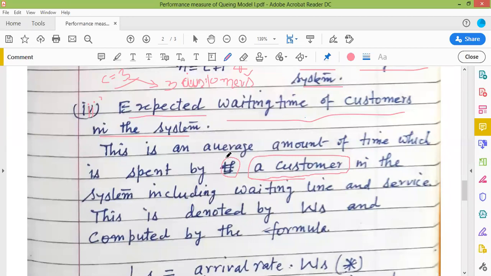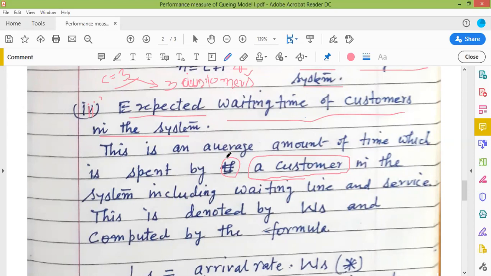Whenever we compute the average, the average is related to a single individual. If we compute the average height of the class, suppose it is 5.3, it means that each and every student has the height 5.3.